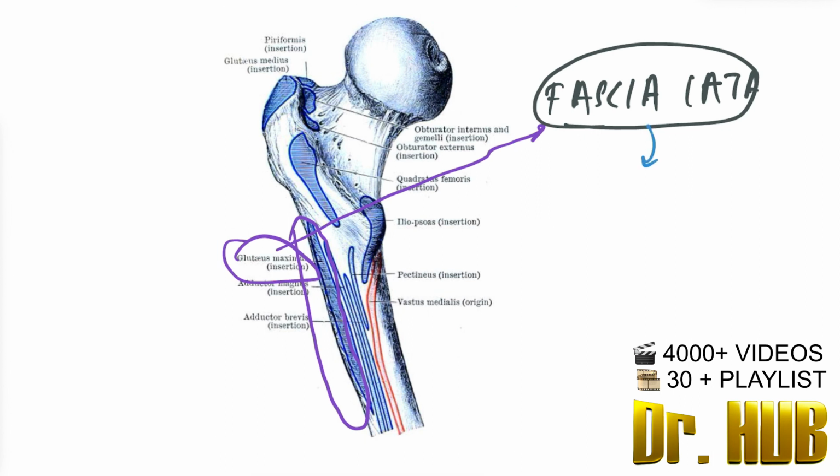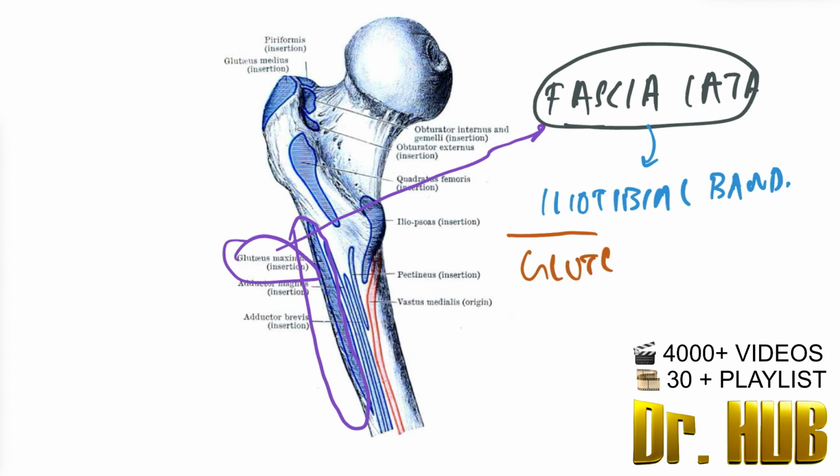The fascia lata is present at the iliotibial band, and also in the gluteal tuberosity, on the posterior femoral surface.